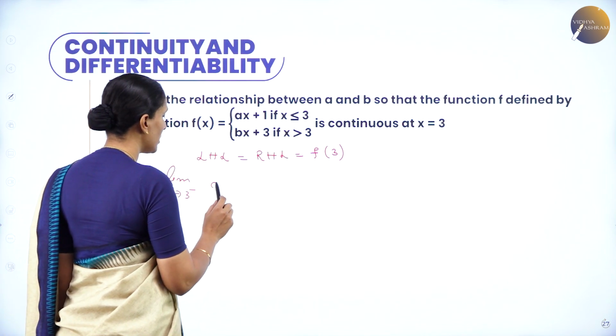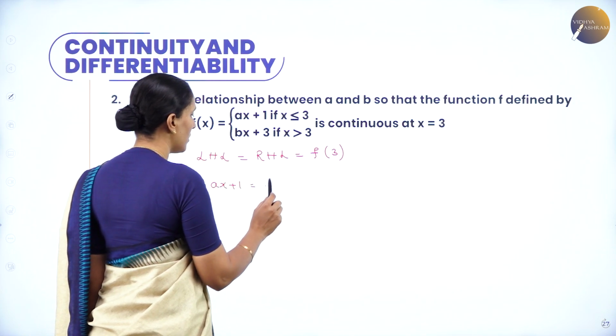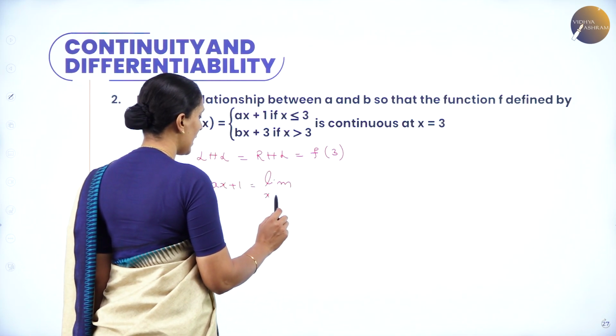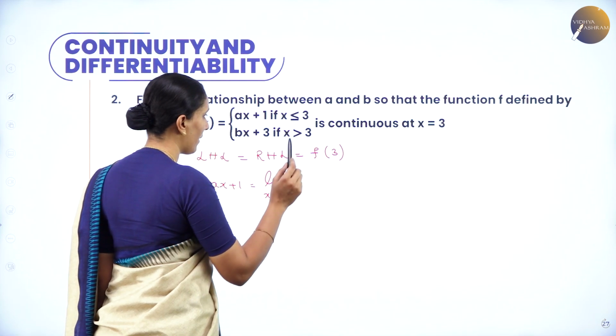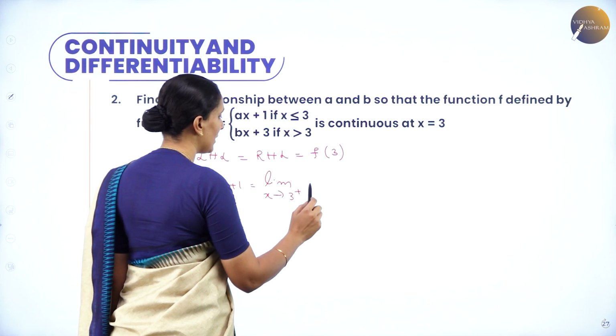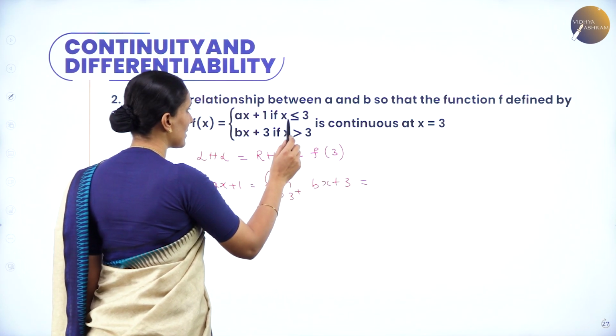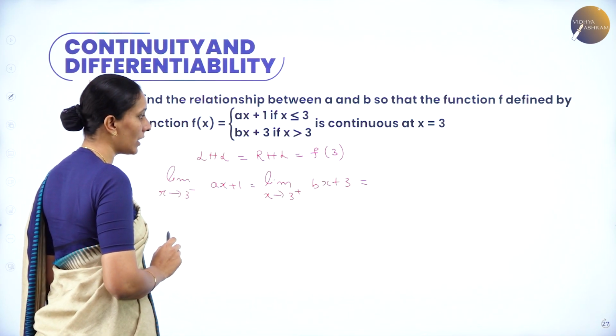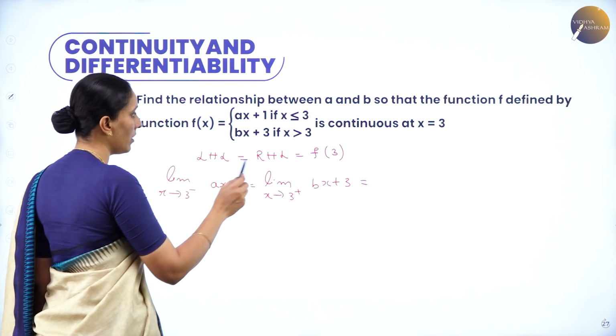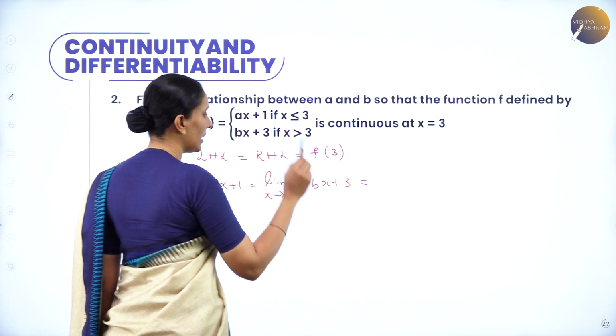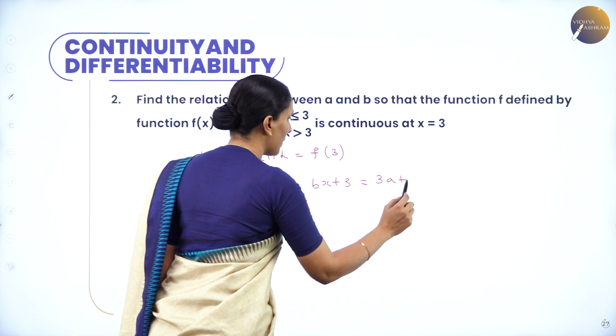So the limit as x close to 3 from the left side, that is x less than 3, means the function is ax plus 1. The limit as x close to 3 from the right side, x greater than 3, is bx plus 3. And f of 3 means x is equal to 3, where the value is ax plus 1, so x value should be 3. So this will be 3a plus 1.